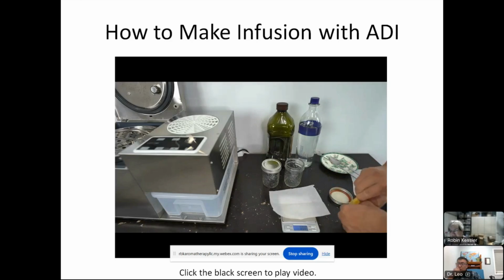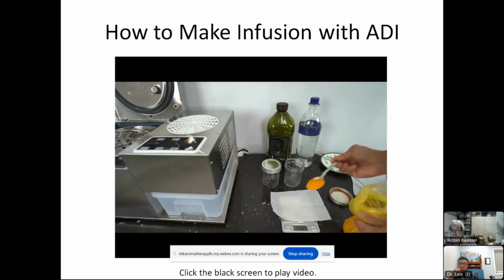The powder can make the infusion more efficient, but it makes the separation harder. After we finish, we need to separate the powder from the solvent, which is a little harder than with pieces of herbs.